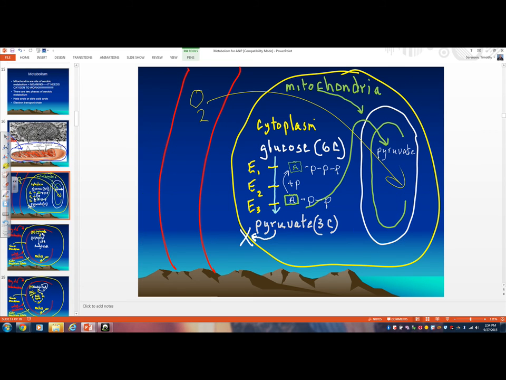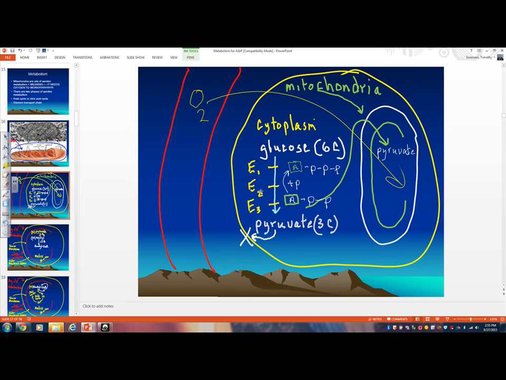So again, we have glucose in the cell, and glucose is a 6-carbon compound. If the cells need ATP, then glucose is going to get broken down. There's a series of enzymes inside the cytoplasm that will begin to break those chemical bonds. And when you break those chemical bonds, you release energy.